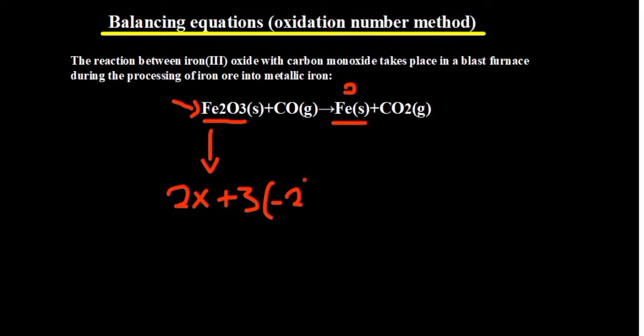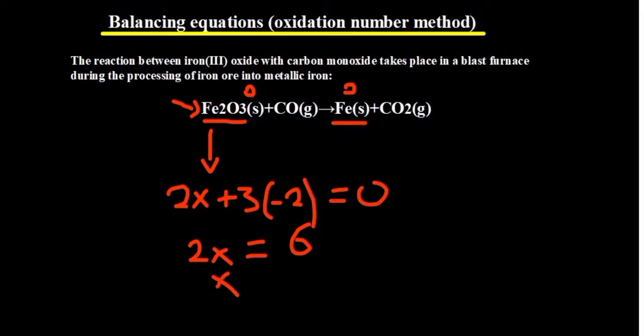What is the overall charge of the compound? There is no charge here, so it's 0. So equate this to 0. Then 2x is going to be equal to 6. Then you find that the value of the oxidation number for the iron is +3.